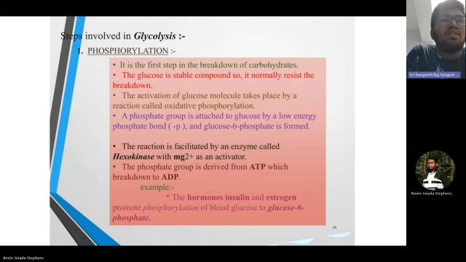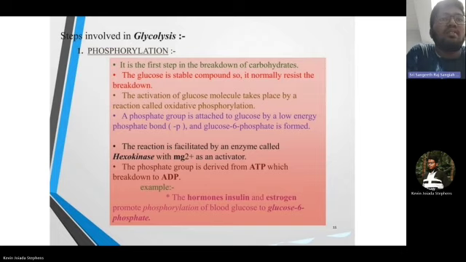Steps involved in glycolysis. Phosphorylation. It is the first step in the breakdown of carbohydrate. Glucose is a stable compound, so it normally resists breakdown. The activation of glucose molecules takes place by a reaction called phosphorylation.